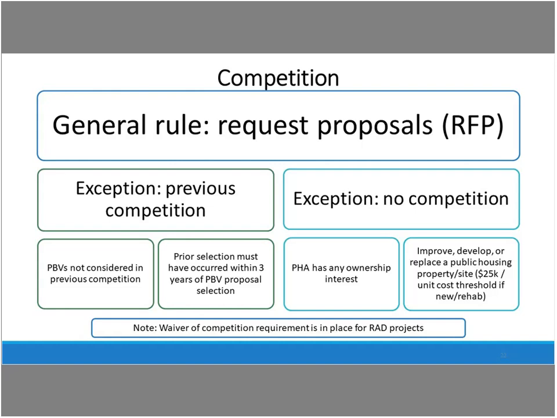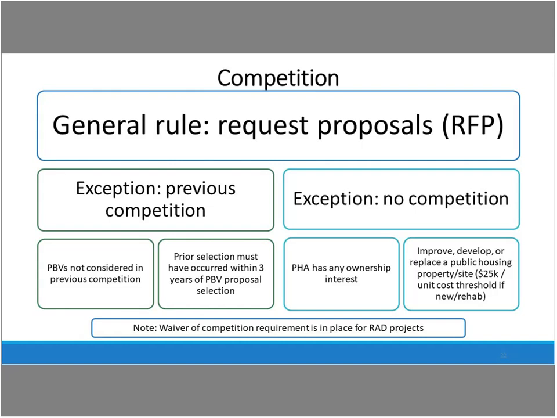The one exception is referred to as the previous competition. Under this exception, if the project and the owner of that project that is desirous of receiving a project-based voucher contract has been selected through another competitive process and awarded funds. Most commonly, the award of a 9% tax credit allocation is pointed to as an example of this other competition.